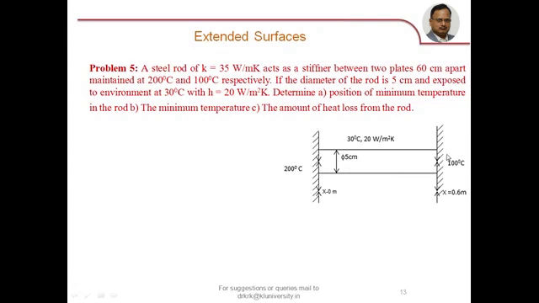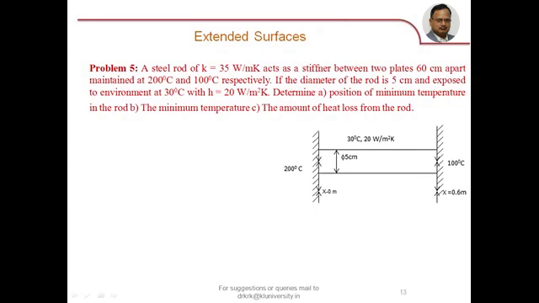Suppose there is a 5 centimeter diameter bar of thermal conductivity 35 watt per meter Kelvin fitted between two plates. One is maintained at 200, the other one is maintained at 100 degrees centigrade. The length of the rod is 0.6 meters and the diameter of the rod is 5 centimeters.